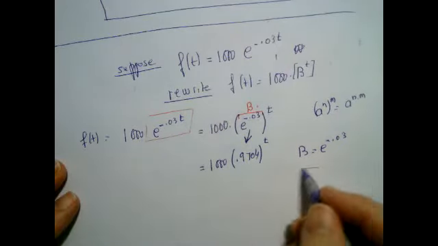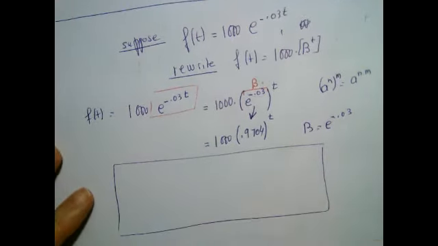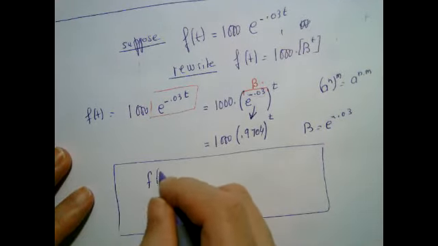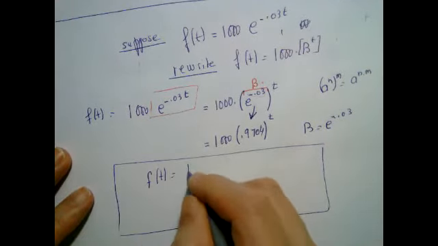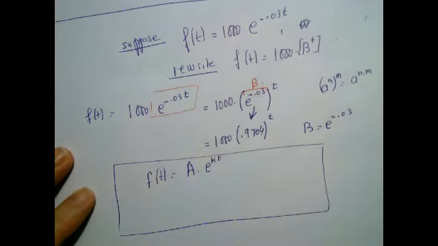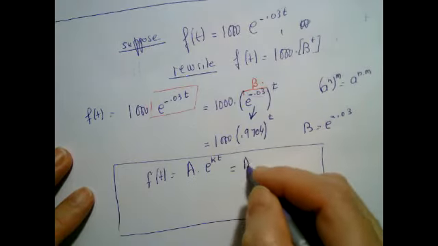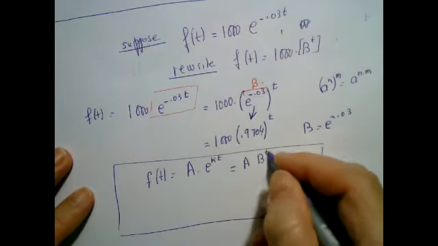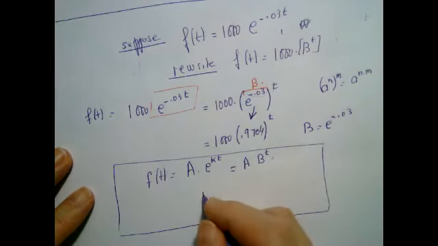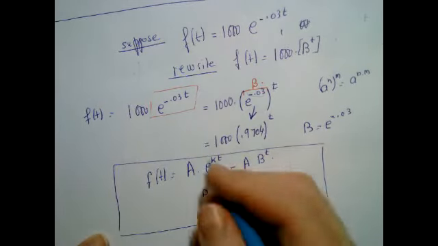Now let us summarize this, and then I will repeat the summary for both of them. So if the function f of t is given to you in this format, e to the kt, then I can rewrite it in the form b to the t. And what's the b? You can either memorize it or think about it in your head.